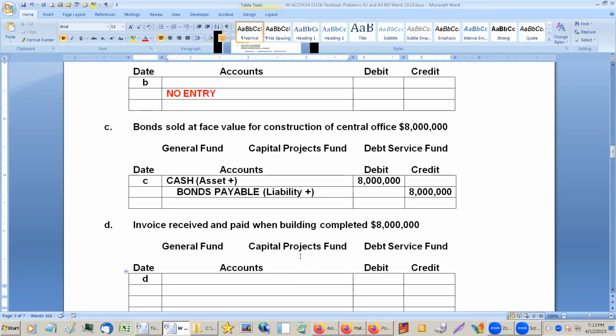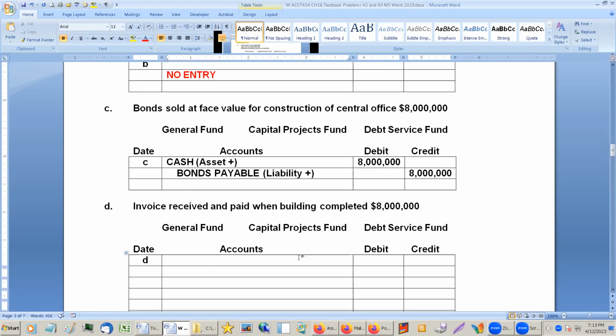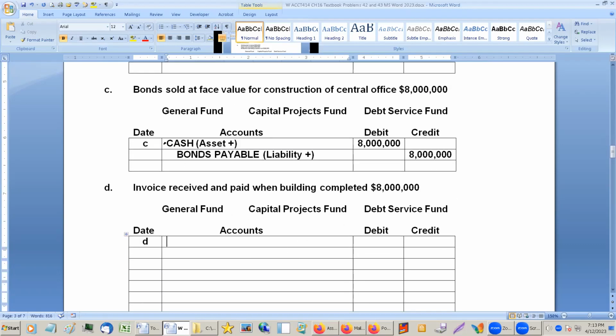All right, received and paid the bill when the building was completed, 800,000. So we got this 800,000 in cash from the bonds. They made the building. Now we do put long-term assets on the books, and we paid him for it. I'll do the easy part.